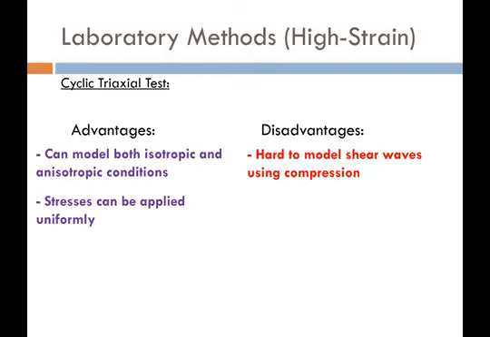The up and down motion of the cyclic triaxial test doesn't really represent the side-to-side shear motion that earthquakes induce on the soil. And it's difficult to measure strains that are smaller than about 0.01%. We're going to have to rely on resonant column or bender element tests to do that.